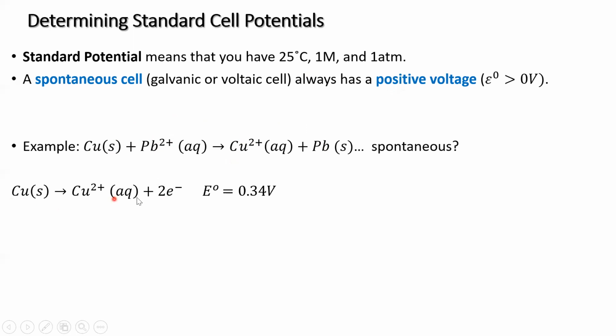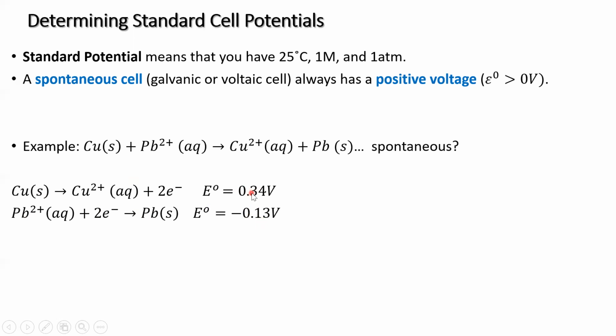If we look this reaction up on the table, okay, we'd actually be looking up the reverse on the table because the table is always going to be a reduction potential value. We get 0.34 volts. Okay, we just looked that up on a table. If we look up the lead 2 ions going to lead atoms, the table tells us it's negative 0.13 volts. This number here, the 0.34, and this number here, the negative 0.13, these come off the table.